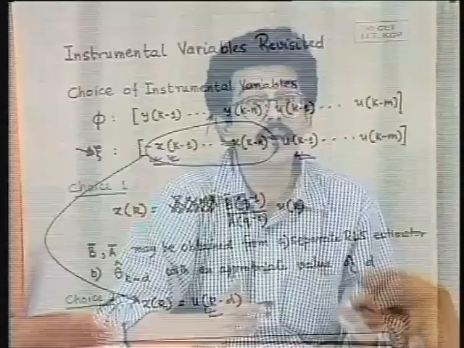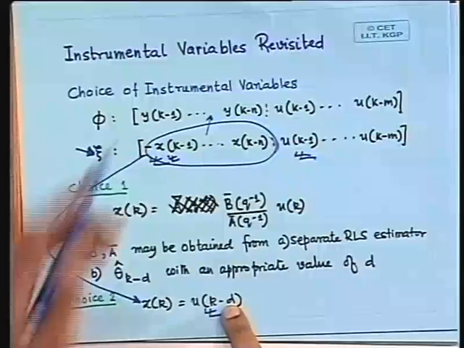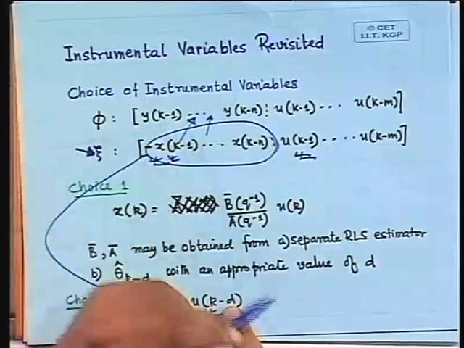But how much will you delay it? What is this d? You want this to be well correlated with y. Suppose your system time constant is 20 seconds. Then y now does have some effect of u k minus 10, so at least over the last 5 to 10 seconds, the u and the y are going to be correlated.